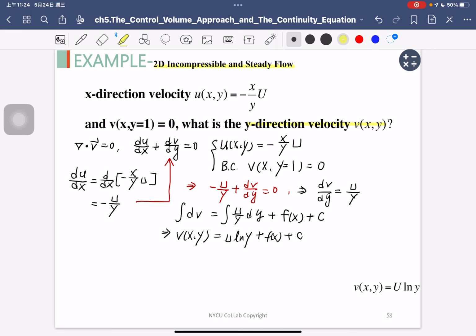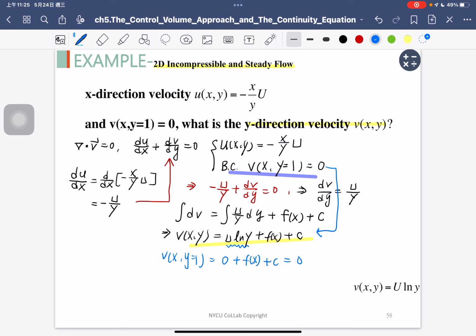Okay, it is almost the final formula for the velocity v. But as you remember, we have the boundary condition that at any x point, with y located at 1, v always equals 0. So we put this boundary condition into these equations. At y equal to 1, the first term is 0, plus f(x) for any x location, plus c, will equal 0.